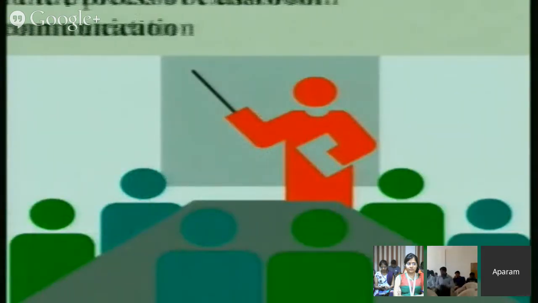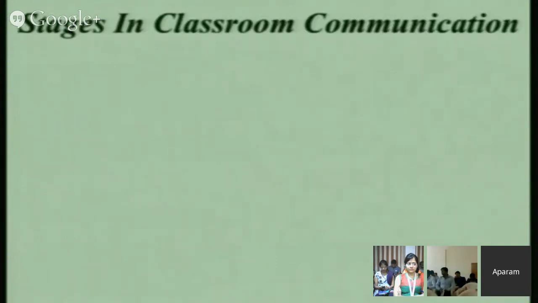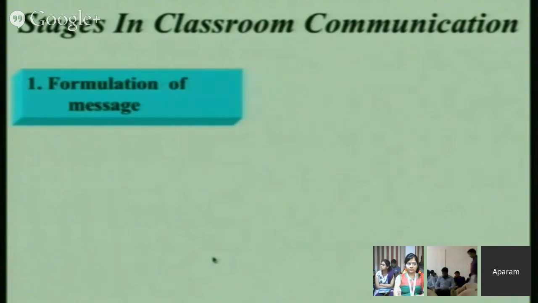When we talk about the classroom communication model, here you can see that there are a number of stages in the process of classroom communication. What do you do when you have to go to the class? The very first stage in classroom communication is formulation of message.